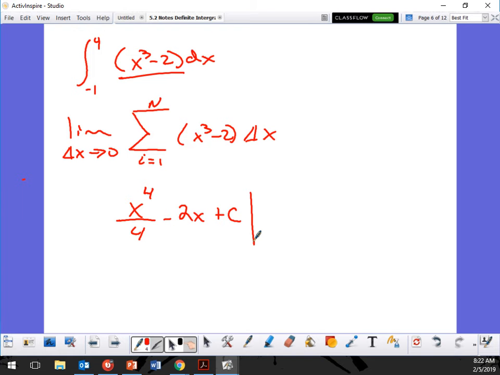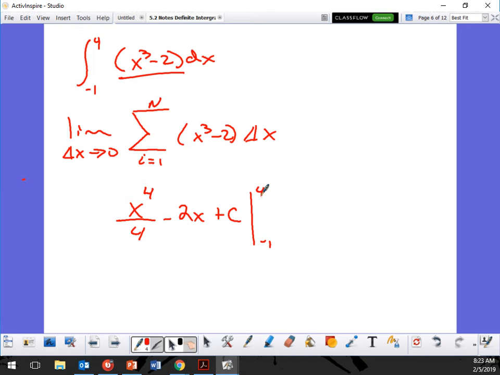My bounds are from -1 to 4. It's always going to be my top minus the bottom. So I'm plugging in the top and subtracting the bottom.